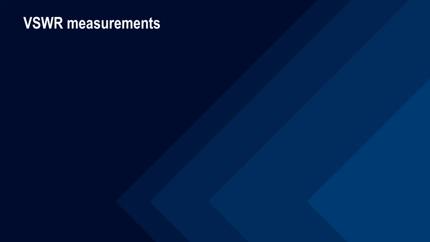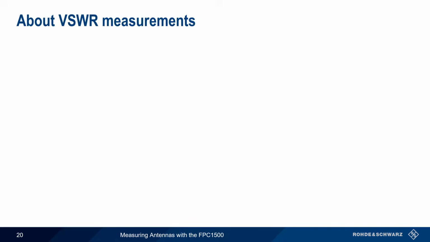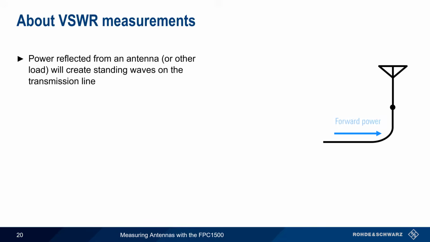Our final example involves using a tracking generator to make reflection measurements, in this case measuring antenna VSWR. When power is transmitted into an antenna, some of that input or forward power is often reflected back towards the source due to an impedance mismatch between source and load.